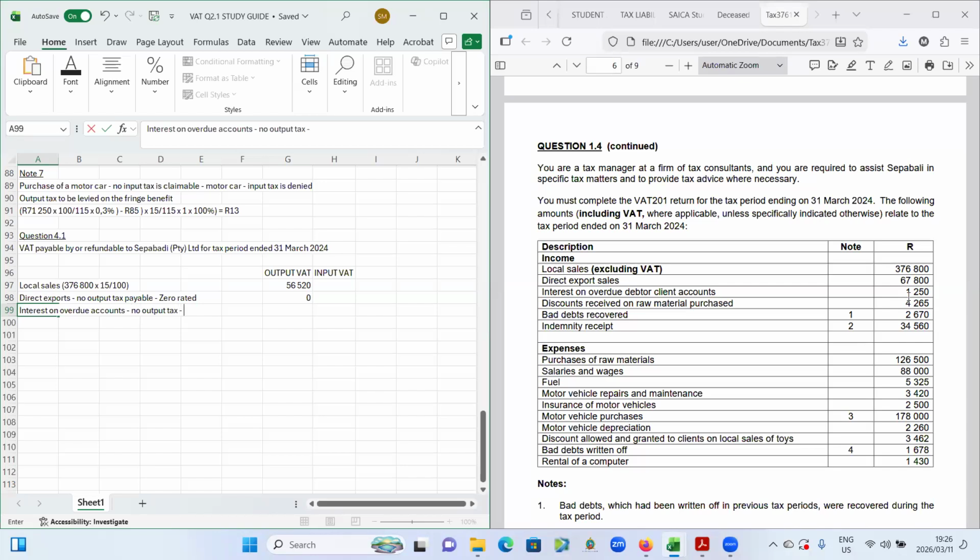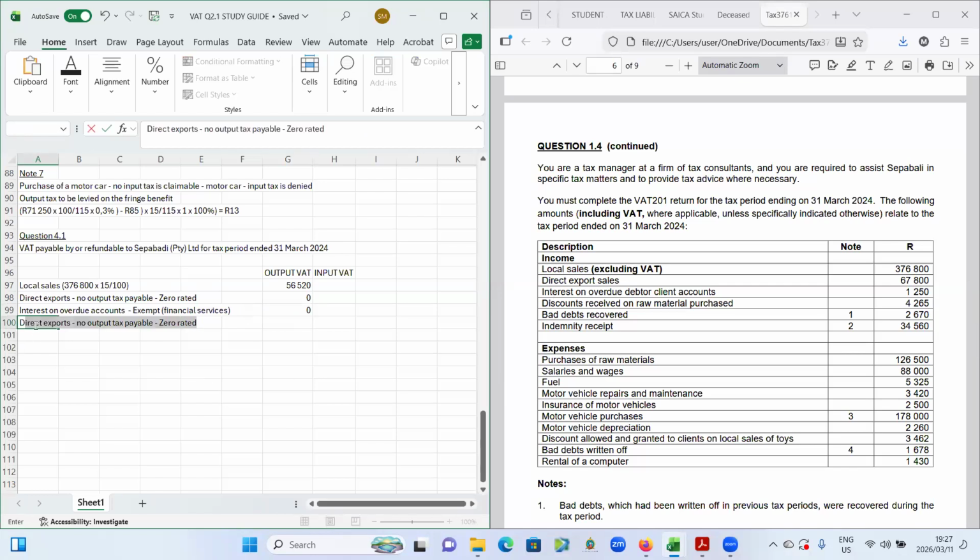Interest is exempt. Why? Because it's a financial service. So let me remove the words no output tax. Exempt. Why exempted? It's financial services. Section 2, yes, it's exempt.